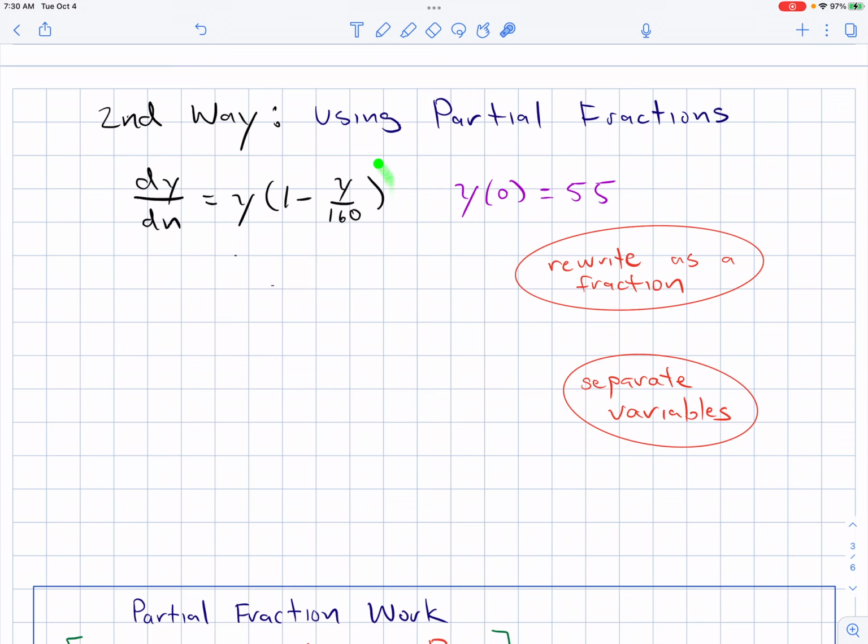So if you remember our differential equation that we wrote, we would like to write this as a fraction.